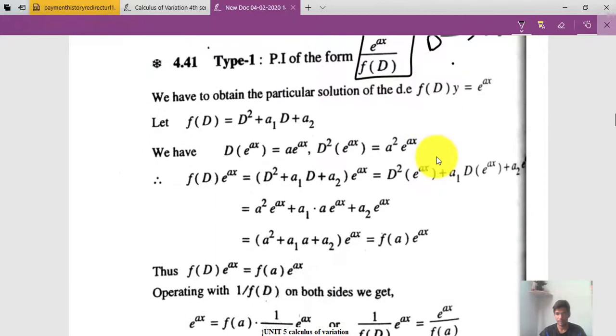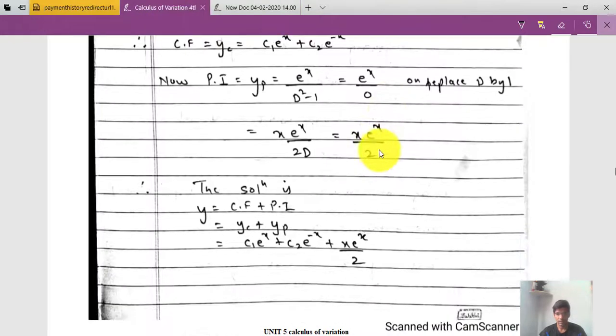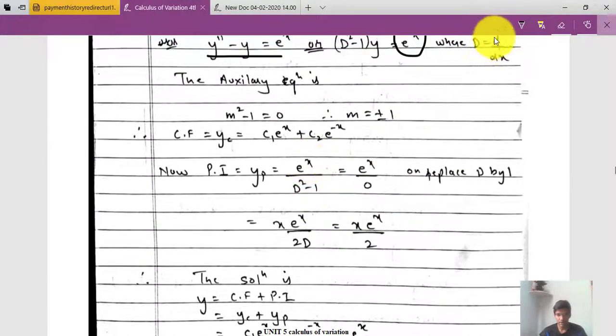So in the given problem, I replace d by 1, and here it becomes 0. To avoid this, I differentiate the denominator again, so it becomes 2d, and I multiply the numerator by x.